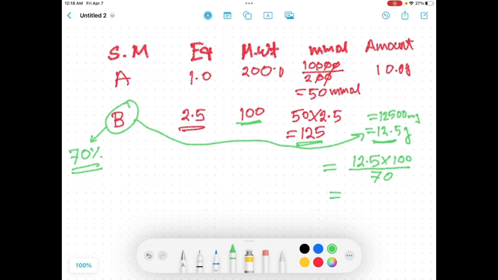If your B is 100%, you would need 12.5 gram. But since it is 70%, that means B is only 70% active, less than 100%. So you need a little bit more. That's how you multiply by 100 over 70, so you will require a larger amount.